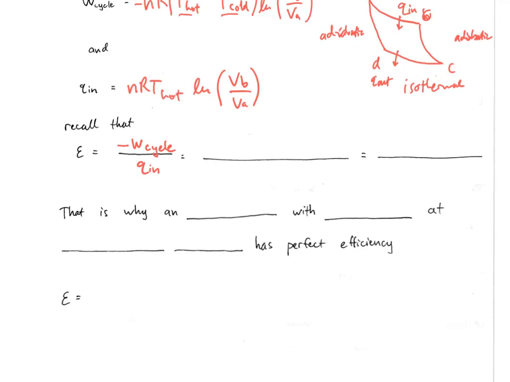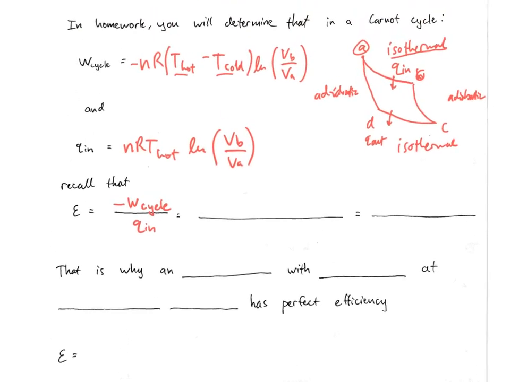We can just plug in the values we have up here into that equation, and we get positive nR (T hot minus T cold) log VB over VA, and then the amount of heat that's put into the system is nR T hot times the log VB over VA.